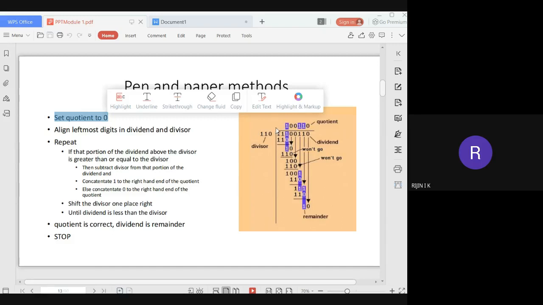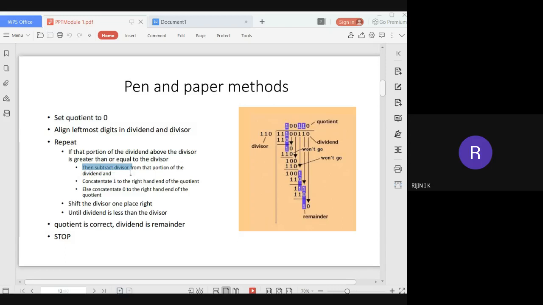Here എന്താണ് ചെയ്യുന്നത്? If the portion of the dividend above the divisor is greater than or equal to divisor, that means എന്താണ്? We can subtract the divisor from the dividend. അതല്ലേ? അതാണ് ഇവിടെ ചെയ്തത്. Then subtract divisor from that portion of the dividend. After subtraction എന്ത് ചെയ്യണം?